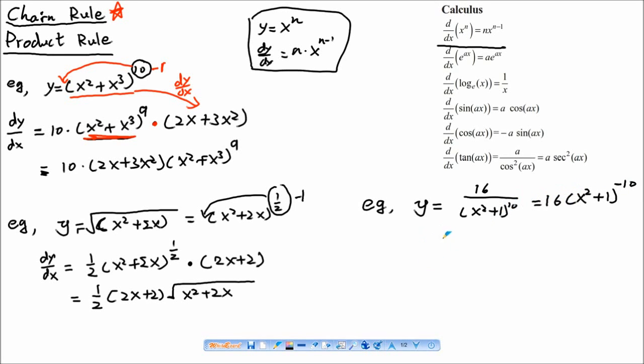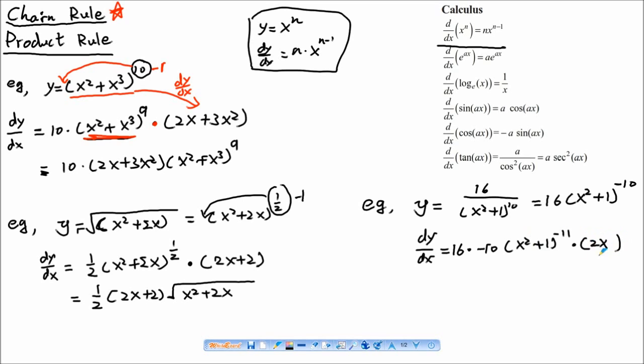So the differentiation dy dx will be, I leave the constant out, times minus 10, which is the power, bracket x squared plus 1, and minus 11, follow this rule there, times the differentiation of whatever is in the bracket, which is 2x.